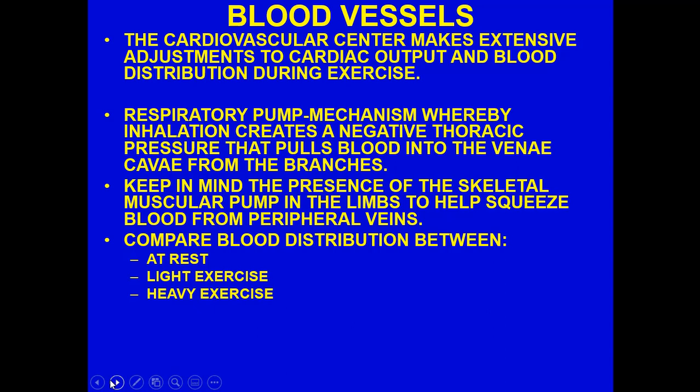The respiratory pump is a mechanism whereby inhalation creates a negative thoracic pressure that pulls blood into the vena cava from the branches. You want to keep in mind that the presence of the skeletal muscle pump in the limbs to help squeeze blood from the peripheral veins contributes also. You want to compare blood distribution between at rest, light exercise, and heavy exercise.